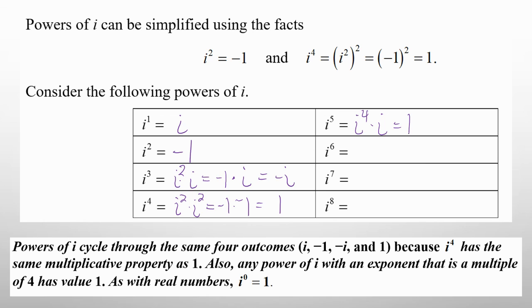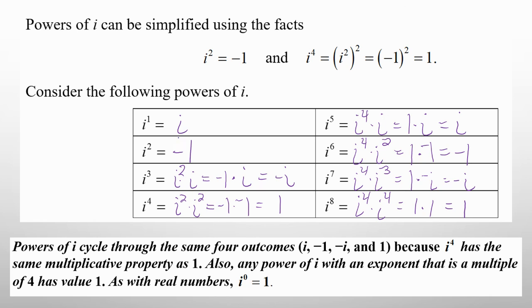We know i to the fourth is 1, and i is i, so 1 times i is i. i to the sixth is i to the fourth times i squared. i to the fourth is 1, i squared is negative 1, and so that's negative 1. i to the seventh is i to the fourth times i to the third. i to the fourth is 1, i to the third is negative i, and so that's negative i. i to the eighth is i to the fourth times i to the fourth, which is 1 times 1, or 1.